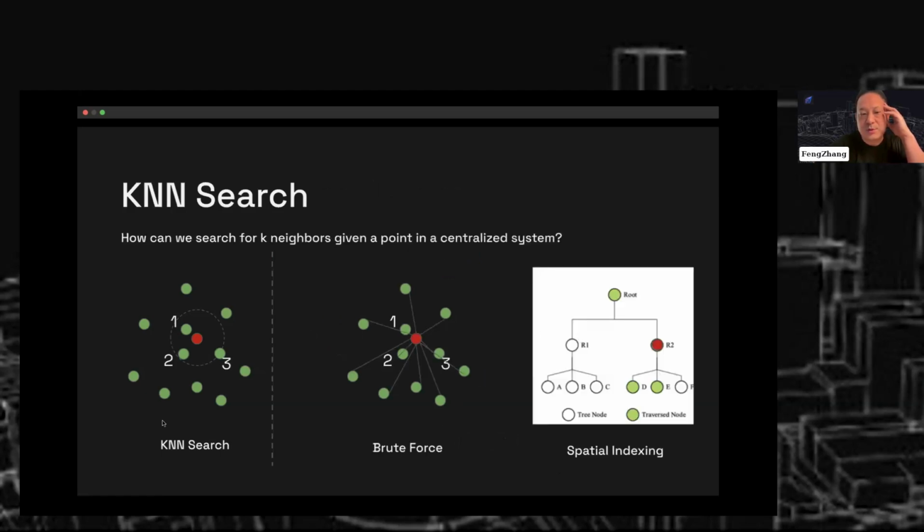Usually when people do KNN search, the easiest way is just brute force, right? You calculate the distance between your query point and all the points in your object dataset, then rank them, find the top k, and export from there.